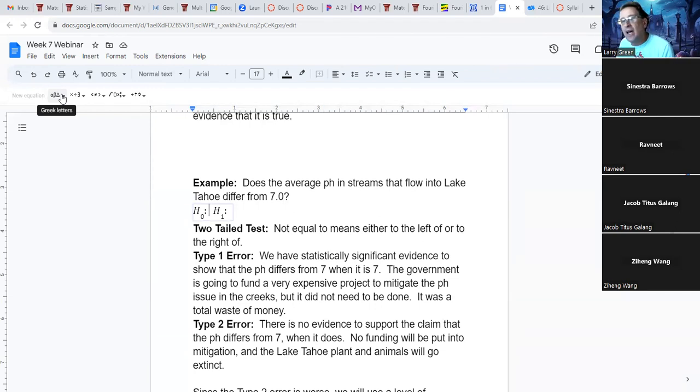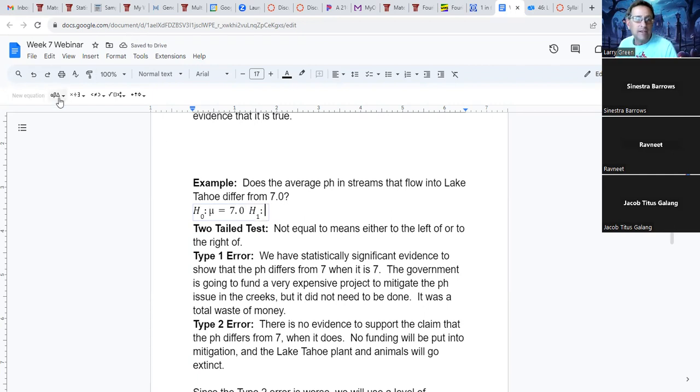It's not a yes/no question. You measure the pH and you get a number. So because of that, we're not going to use p, we're going to use mu, because we're looking at a population mean, not a proportion. So we're going to have mu, and then equals 7.0.